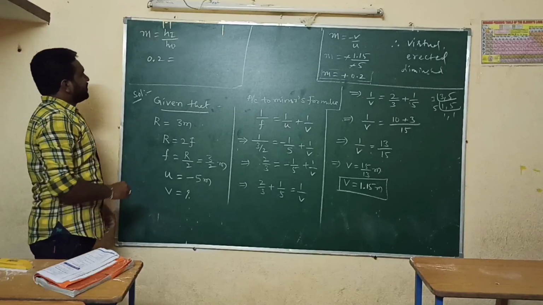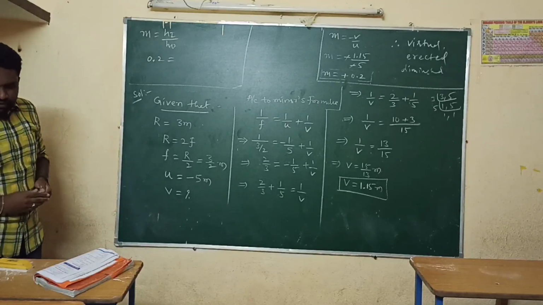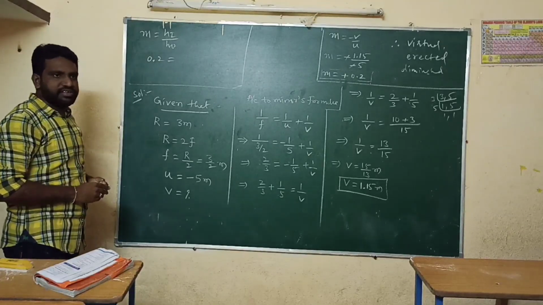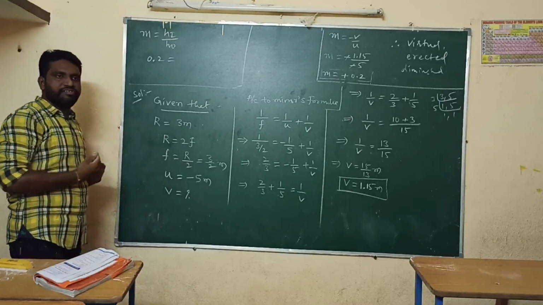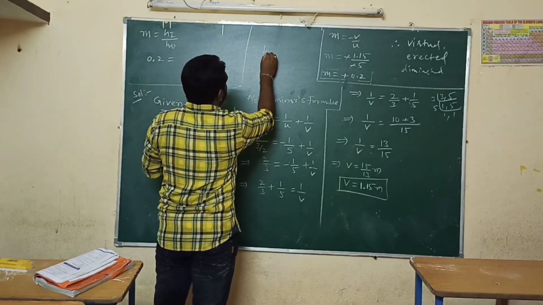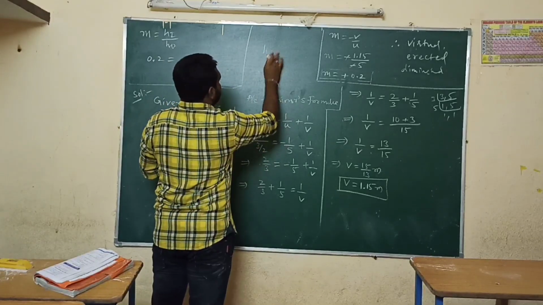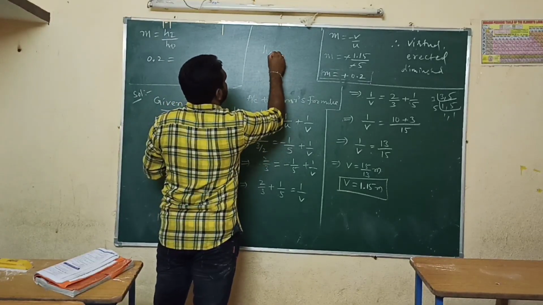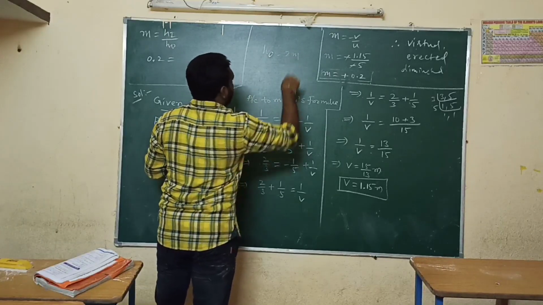In this problem, the size of the object is not given. In your textbook the size of the object is not given and it asks for the size of the image, so we cannot find it. So for that sake, we are assuming the size of the object ho is 2 meters.